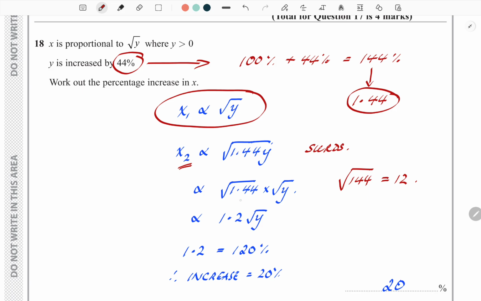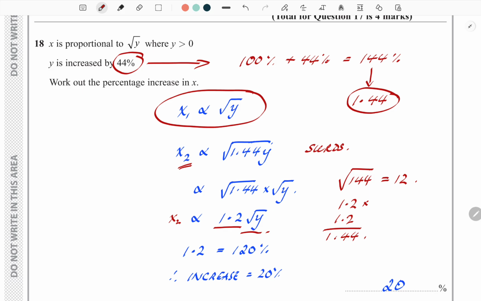So just to apply the decimal place there, try 1.2 times 1.2, and you come up with 1.44. So therefore, the square root of 1.44 is 1.2, and then the original square root of y that we had. Therefore, this x2, the second x value, is 1.2 times the original.